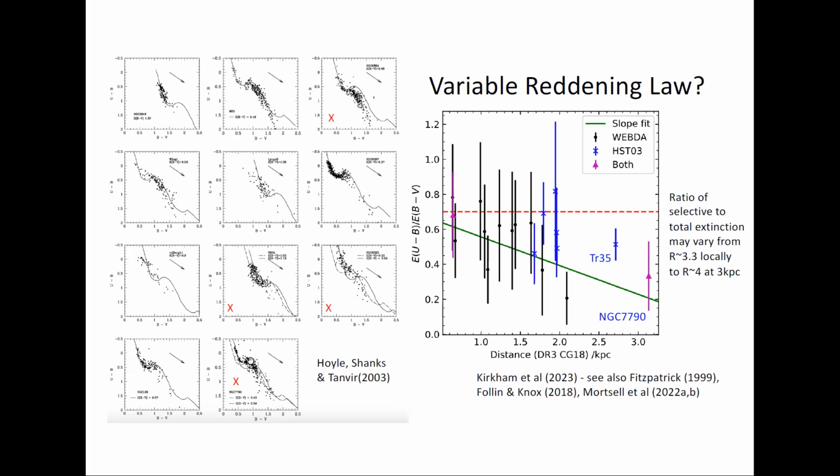And this one has always been the one where this reddening law in U minus B and B minus V fitted least. And you see now, if you draw the ratio of E(U−B) to E(B−V) against distance, you find this correlation, which said it might be a different extinction law at 3 kiloparsecs away from us than nearby.